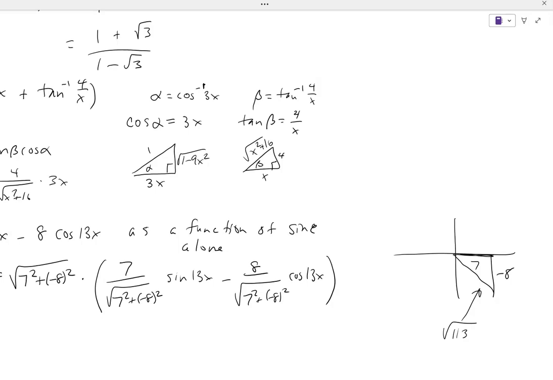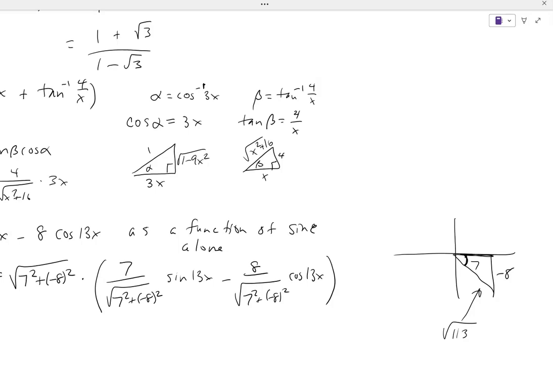We're trying to create this triangle so that I have the same angle. So the angle we want is this one, the one down here. It needs to be in quadrant 4 because the cosine is positive and the sine is negative. I can use either inverse sine or inverse cosine to find my angle. I'm going to choose the one that can possibly give me an angle in quadrant 4.